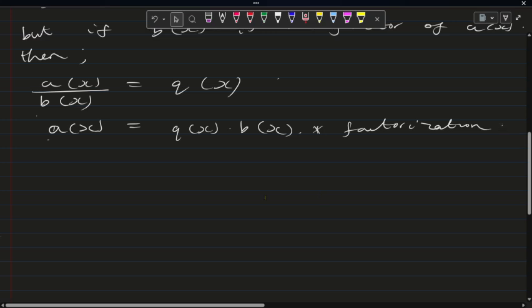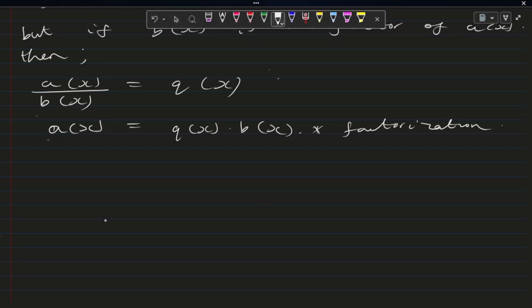This is basically what we will be doing in this particular session. We will get a polynomial function, or an algebraic expression. Let's call it a of x, and then we will use the factor theorem to determine an expression that is a factor.